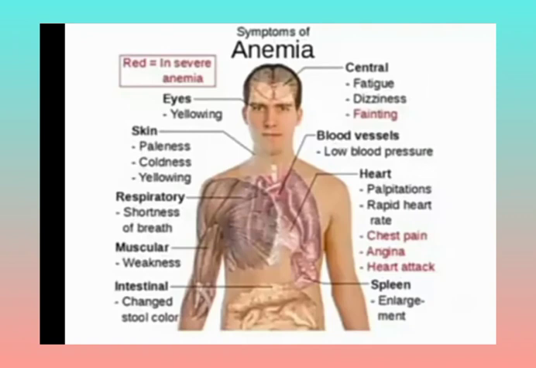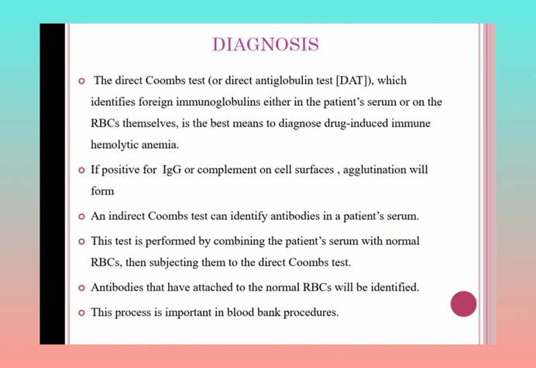Central symptoms include fatigue, dizziness, fainting. In the blood vessels, low blood pressure; in the skin, paleness, coldness, shortness of breath, weakness, changed stool color, and the spleen will enlarge. In the heart, palpitations, chest pain, angina, and low blood pressure can also be seen.